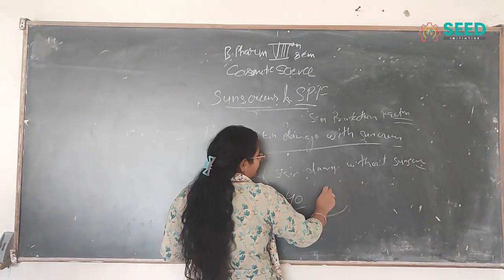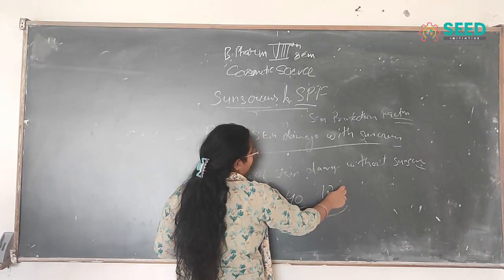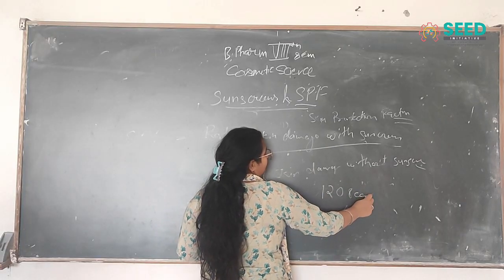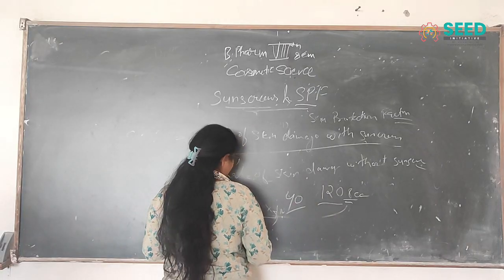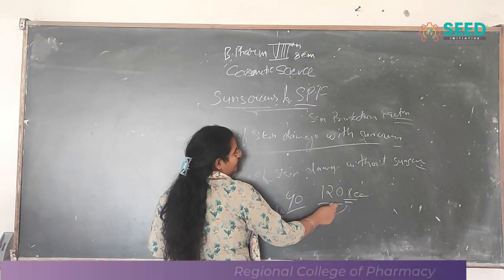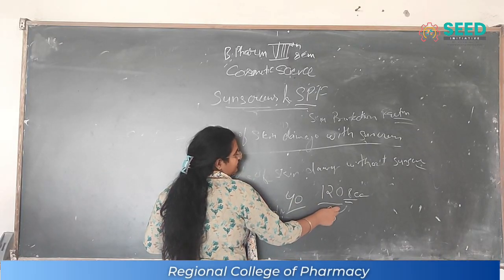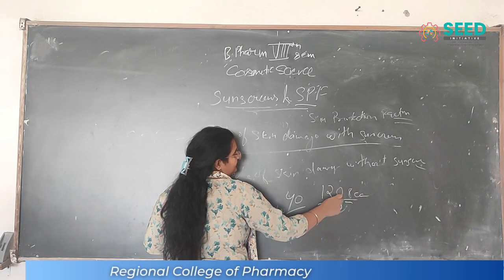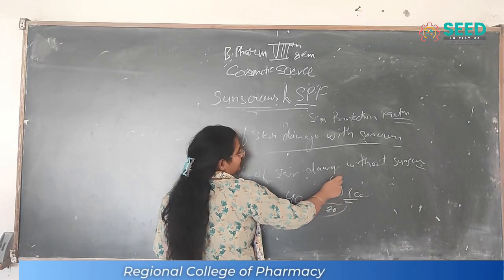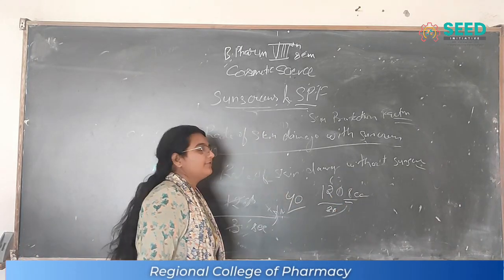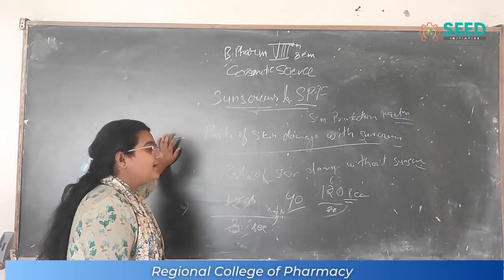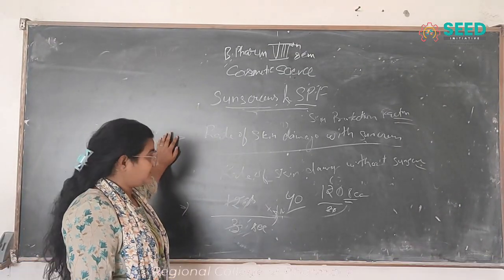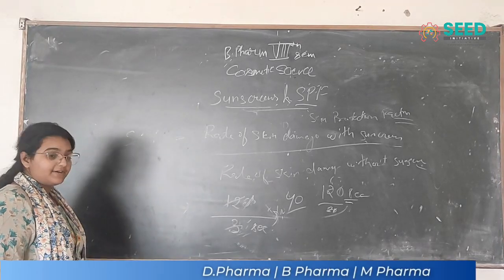So if it takes 120 seconds for skin damage with sunscreen, but the normal skin time for damage is 20 seconds, then we get a 60 or 40 SPF sunscreen. So this is the method by which we determine the sunscreen SPF factor.